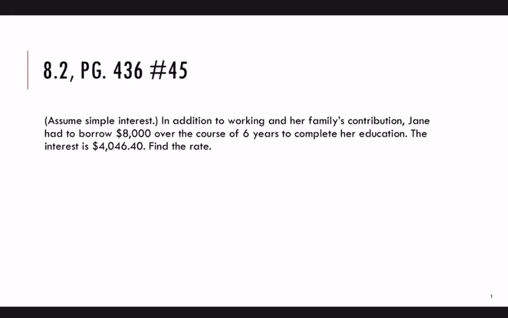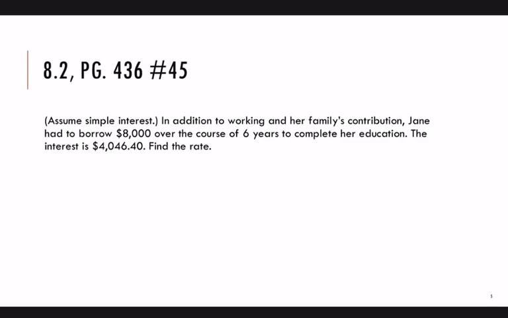Okay, section 8.2 was a section on simple interest, so in all of these problems we'll assume simple interest. In addition to working and her family's contribution, Jane had to borrow $8,000 over the course of 6 years to complete her education. The interest is $4,046.40. Find the rate.